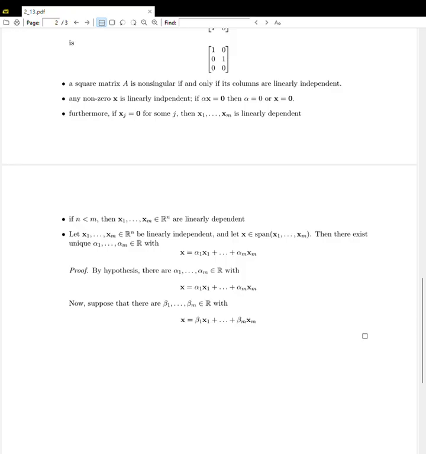Okay, so I'm claiming uniqueness. Now what do I do? Well, subtract these two equations. Well, if you do that, you'll have x minus x, which is equal to 0.